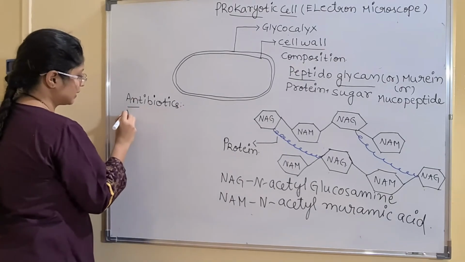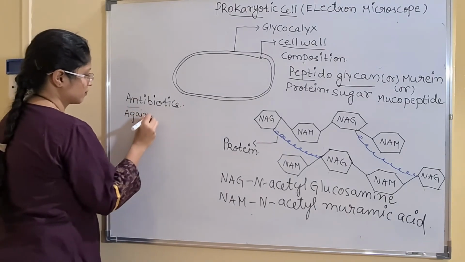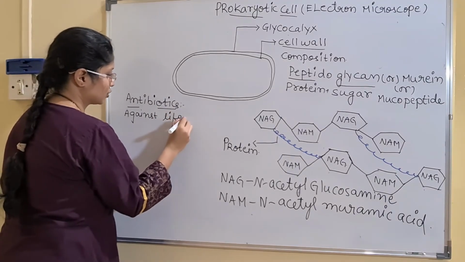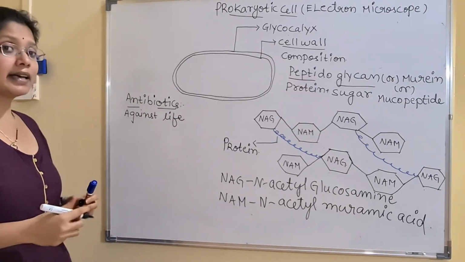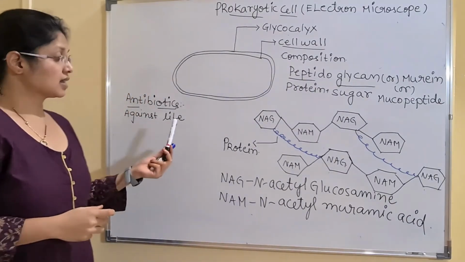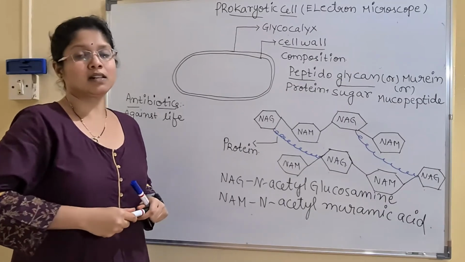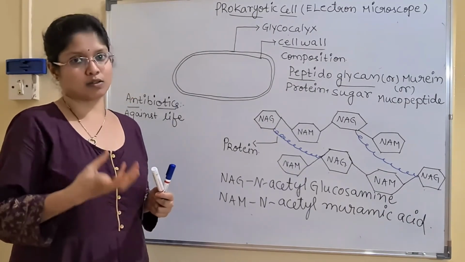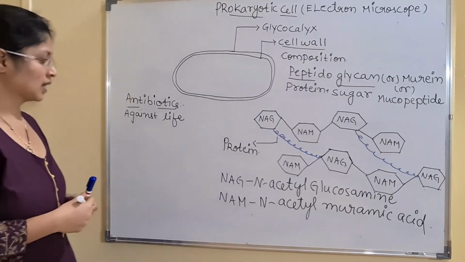Anti means against, biotics means life. So the chemicals which are against life are known as antibiotics. Antibiotics mainly play a role in controlling the effect of the bacteria or the disease caused by the bacteria.